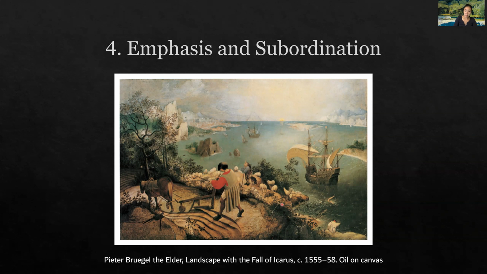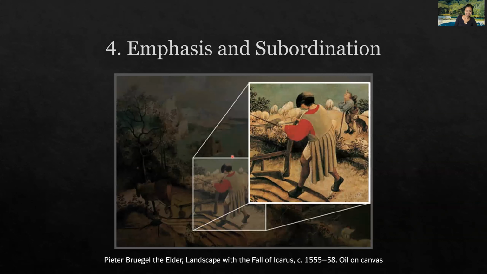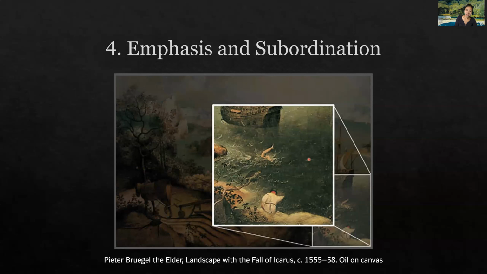And now in this emphasis area, which is the focal point? Yep, definitely this guy is the focal point in this painting. And now, which part is subordination? Other areas except for the emphasis area can be the subordination, like this fish at the right corner.